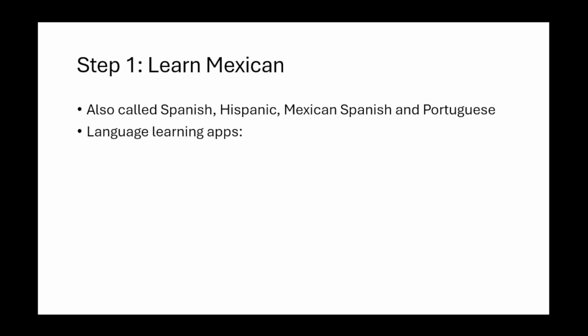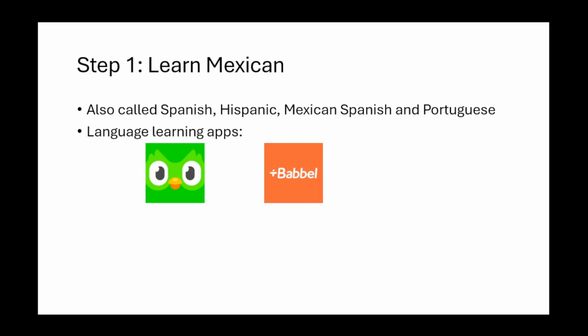One way you can learn is through language learning apps. Some of the more famous ones include Duolingo, Babbel, and of course, Ling Ling Learn Spanish. Yes, this is a real app. Google it.